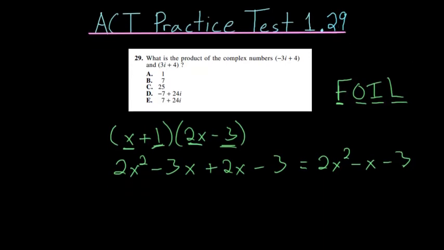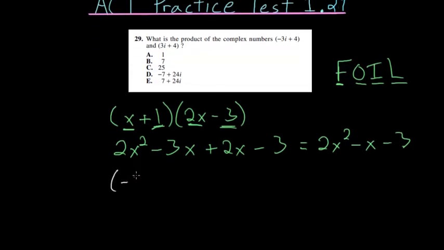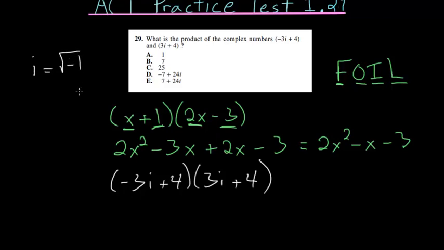So what we have is this minus 3i plus 4 times 3i plus 4. And recall that i is just the square root of minus 1. And what's useful about this is that if we square it, so i squared, we just get back negative 1.